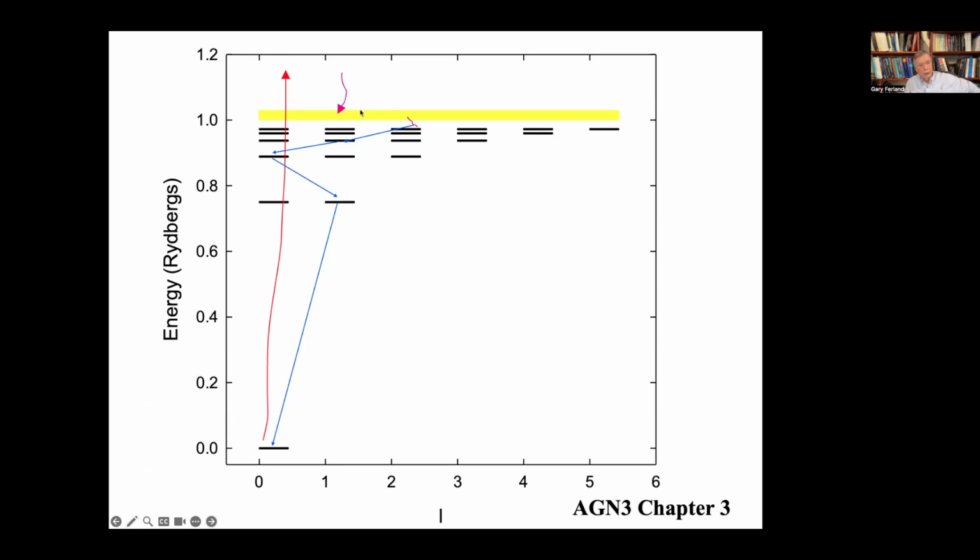This is then shared with the other electrons. The yellow band represents what are called thermal electrons, the electrons with the electron temperature you can measure with some line ratios. For an ionized cloud, it's typically something like 10,000 degrees.